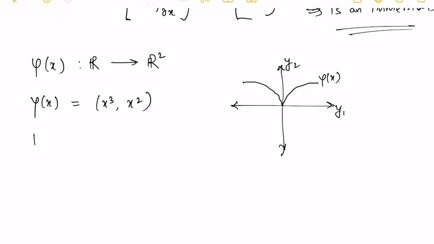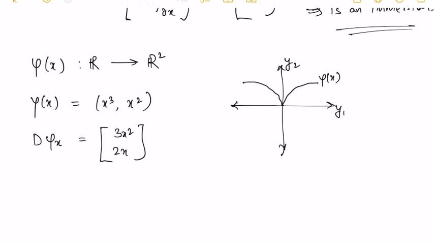Okay, and let's write the Jacobian. This is equal to 3x square and 2x. Now you can see here that these columns are not linearly independent because both of them will go to 0 for x equal to 0.